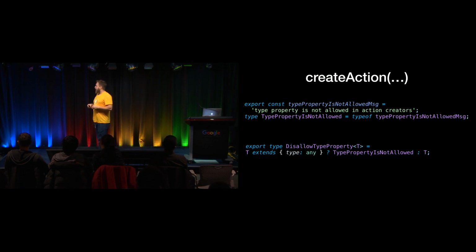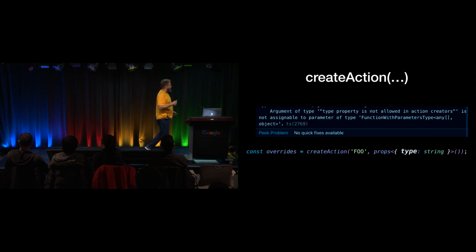So I create a special type, disallow type property. And I say if that T extends an object that has a type property of any type, doesn't matter, but it has a type property, then return me that message. Otherwise, just give me that T back.